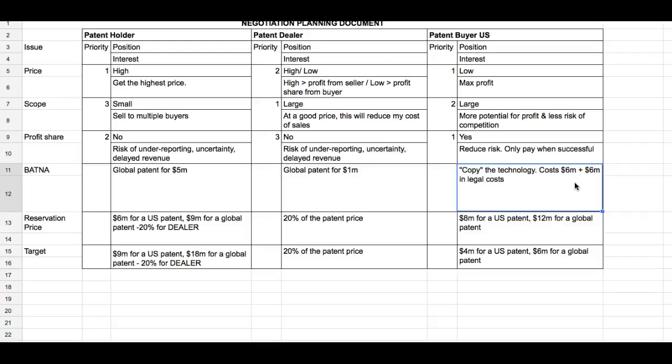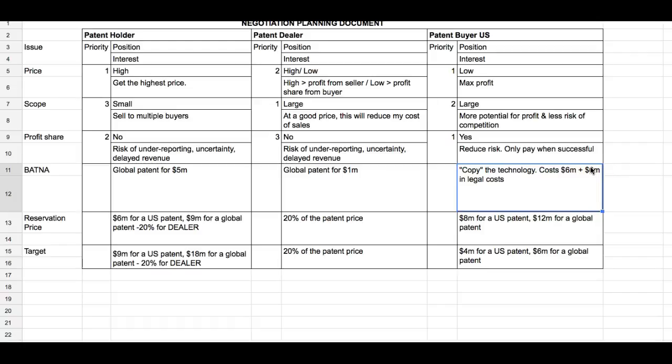So basically, what the basis of this negotiation would be is that the bottom price here is 6 million. 6 million is more than the BATNA of the patent holder, so he will get more than he will get in his BATNA. So that is a benefit, and there is room for negotiation somewhere between 6 and 12 million, which are the legal costs.